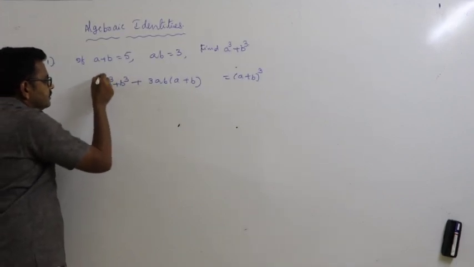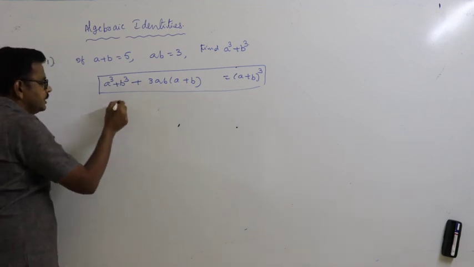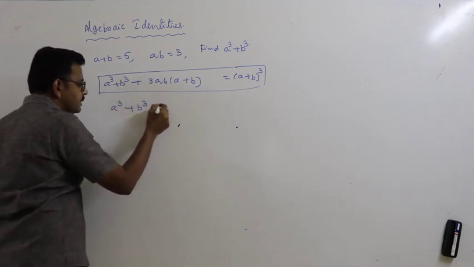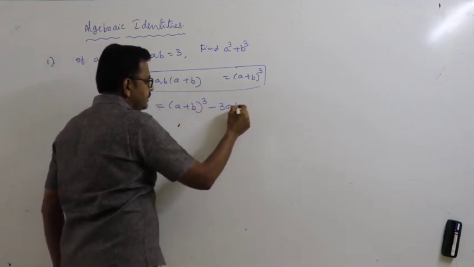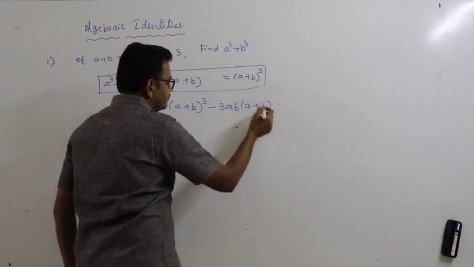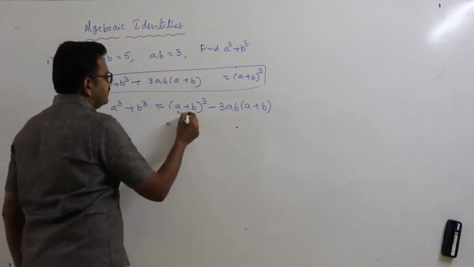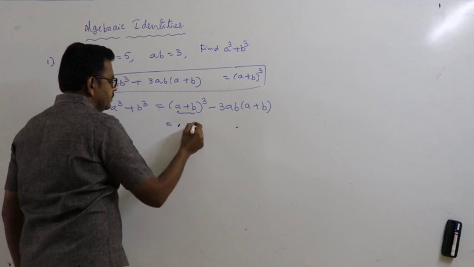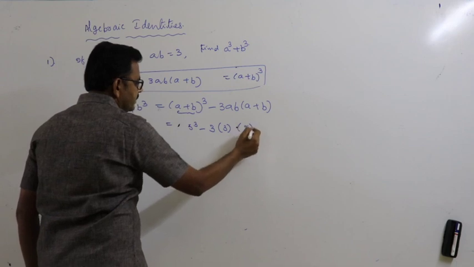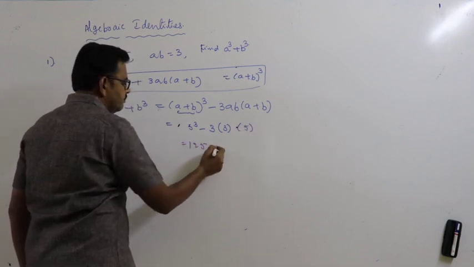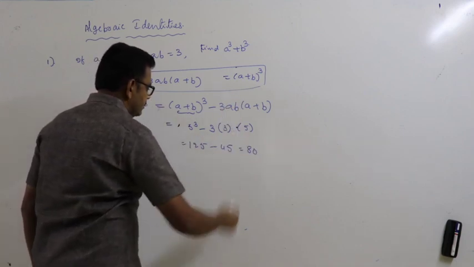From this, a cube plus b cube is equal to a plus b whole cube minus 3ab into a plus b. So, a plus b is given 5: 5 cube minus 3 into ab, which is 3, into a plus b, which is 5. This is 125 minus 45, which is 80.